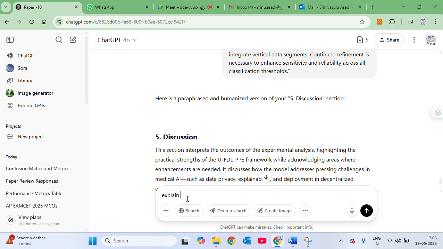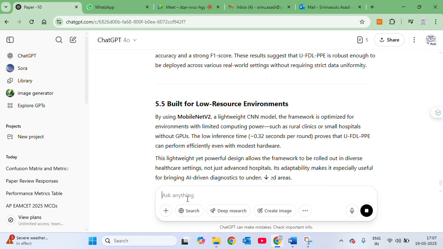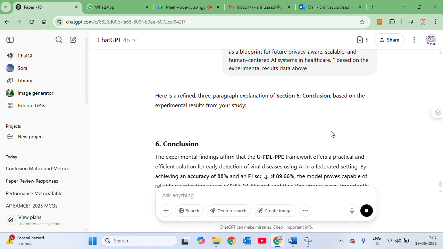Explain three paragraphs about the conclusion based on the experimental results data above. So this is the tool we need to utilize properly. Yes, sir. Yeah, now I'm preparing the conclusion, and the last one is future work.